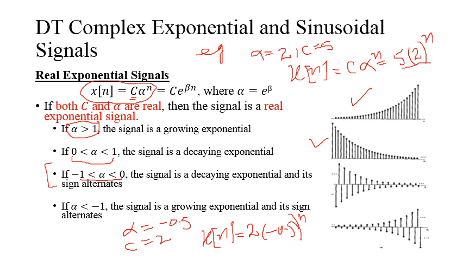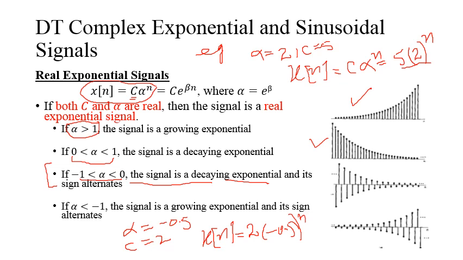So you understand, when n is even, this will be positive. When n is odd, it will be negative. Also, with the increase of n, you see this is 0.5, so if you increase n, its value will decrease, right? So when alpha is greater than -1 and less than 0, the resulting signal will be an exponentially decaying signal, and it will alternate in signs.